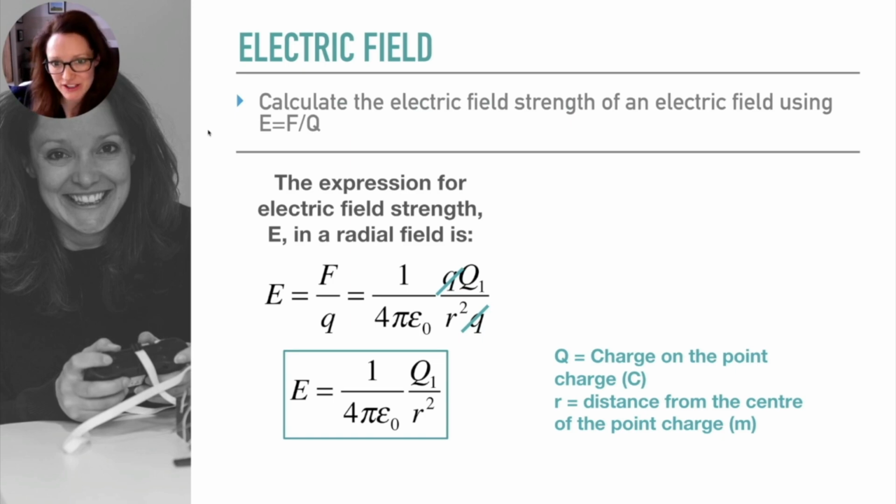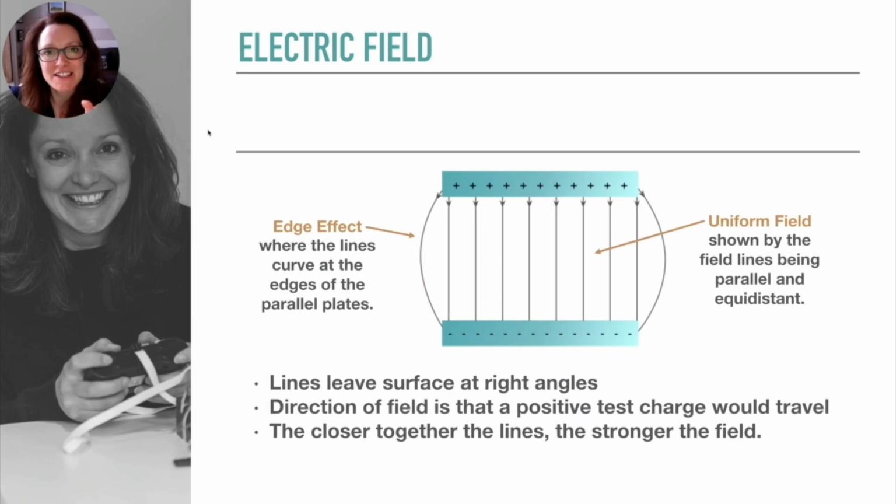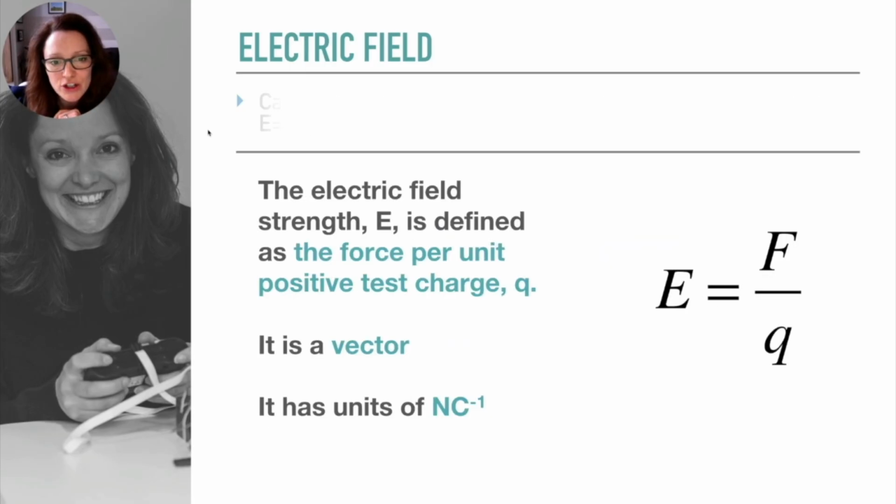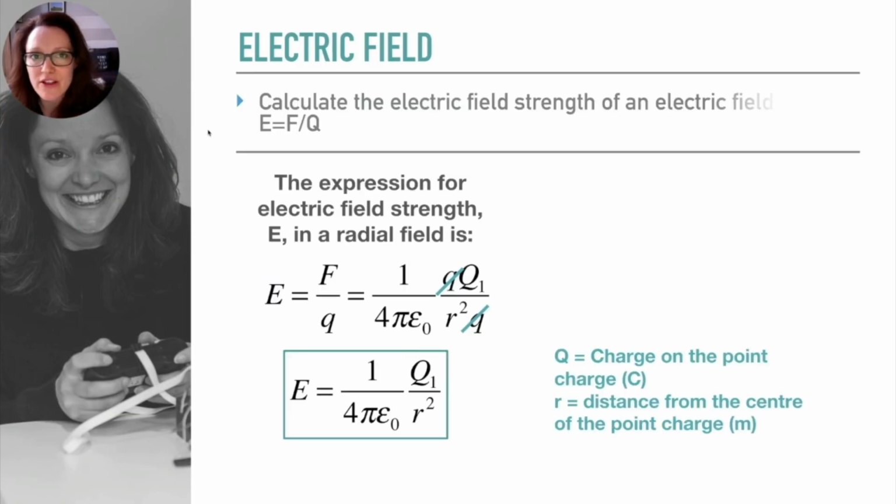I'm going to go back just briefly. If you're looking at a uniform field, like I'm showing here, to find the electric field strength, you'd use E equals F over Q or E equals V over D, but we'll talk about that later. But you can't really use that F over Q formula for a radial field because your radial field strength has that 1 over r squared quality to it. So when you're looking at finding electric field strength for a radial field, and that's these point charges, we need to apply E equals F over Q to Coulomb's law.